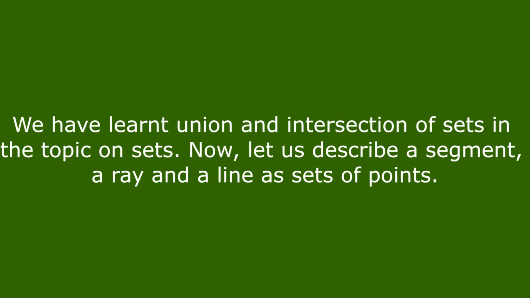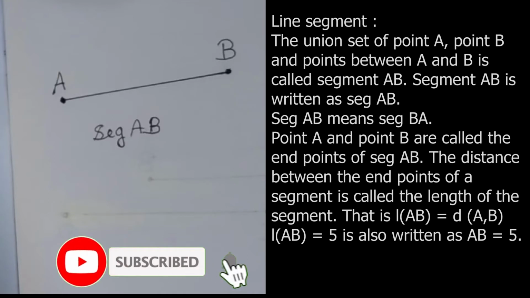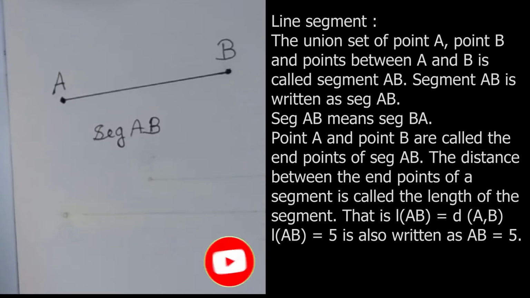So let's start. Line segment: the union set of point A, point B and the points between A and B is called segment AB. Segment AB means segment BA.